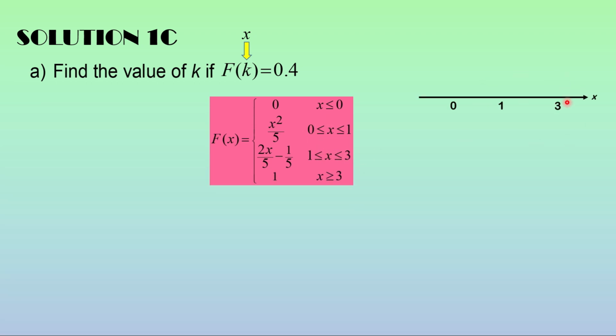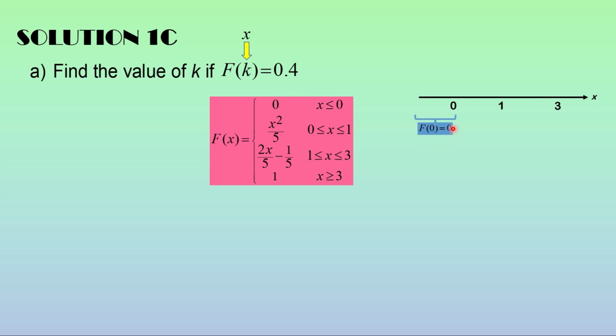Here is the number line of CDF. So k is somewhere here with the probability of 0.4. Let's try an error. On the interval x less or equals to 0, F of 0 is equals to 0.